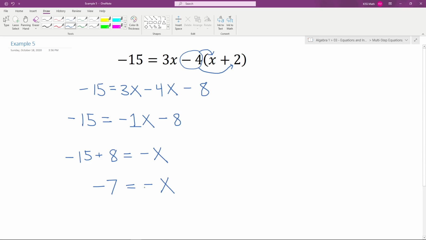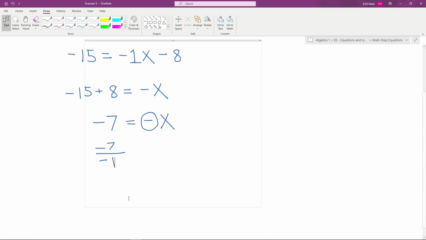And we're not done. Remember, we said this negative sign is essentially a negative 1, and negative 1 is our coefficient here. And so to get rid of that, we have to divide by the negative 1. So if we do that, we're going to have a negative 7 divided by a negative 1 equals, I'll write it out like this, negative 1 divided by negative 1 times x.